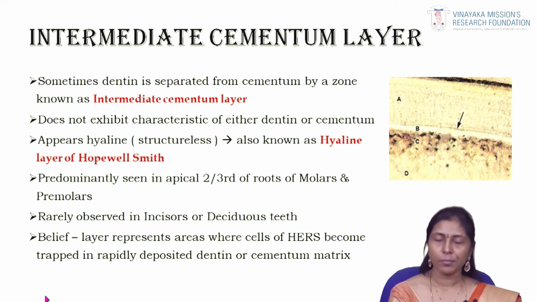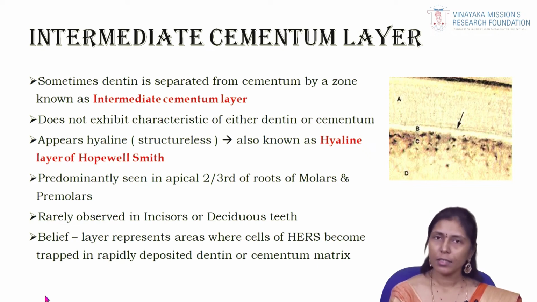Intermediate cementum layer. Sometimes the dentin is separated from the cementum by a zone known as the intermediate cementum layer. This layer is a structureless layer. It does not exhibit the characteristics of either dentin or cementum. This structureless layer is also called the hyaline layer of Hopewell-Smith, and it is predominantly seen in the apical two-thirds of the roots of molars and premolars.